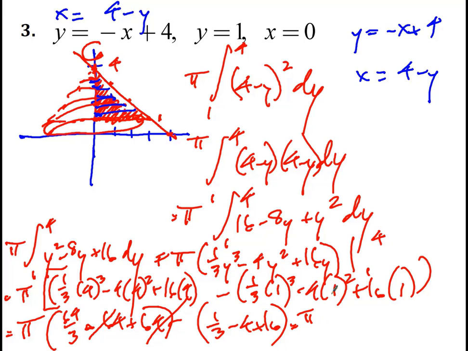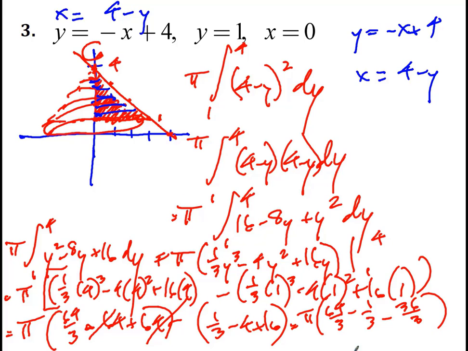So we have pi times 64 over 3 minus 1/3, and that's going to be minus 12, or minus 36 over 3. Is that right? Let me make sure. Yep.